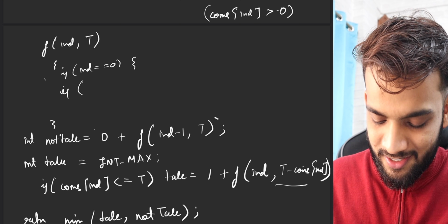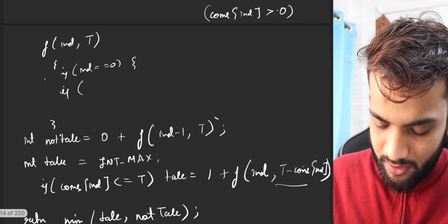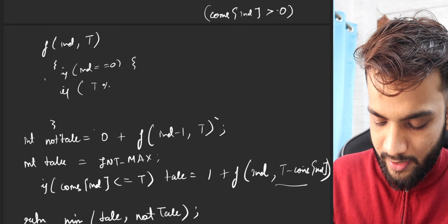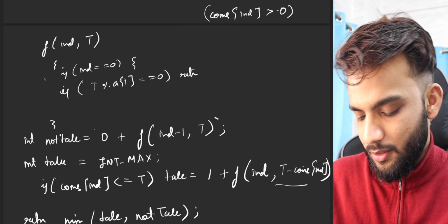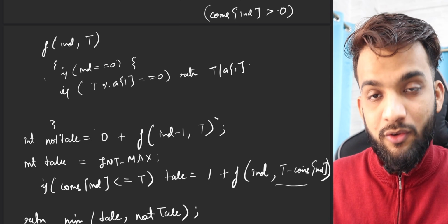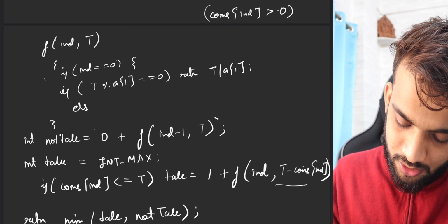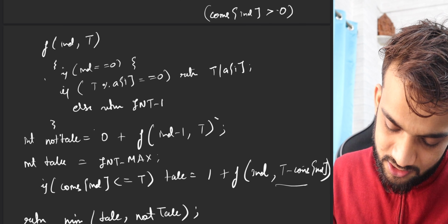That's common sense. So if target modulo array of I is equal to 0, we will return target by a of I, because that's the minimal that we will require. Or else we cannot form it, so we will return int max.